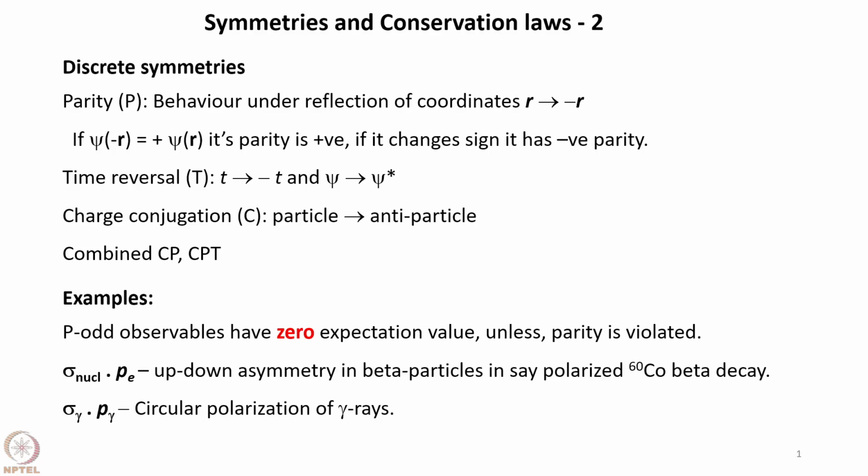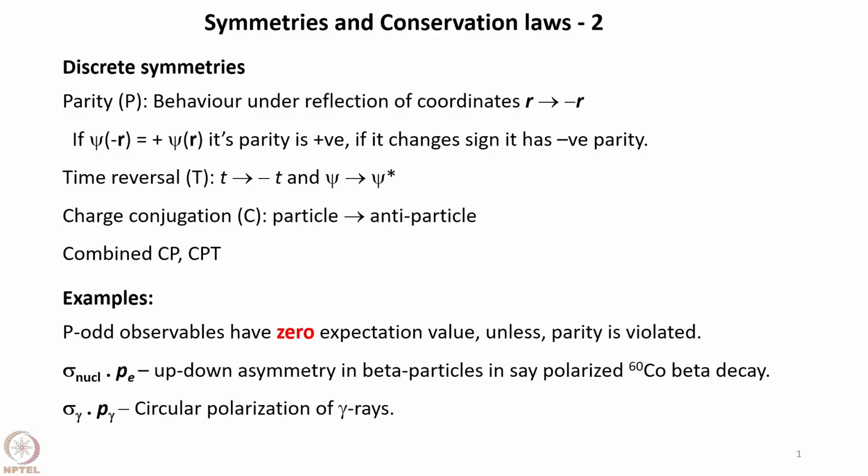If it is violated, so in case you measure circular polarization in gamma rays which result from the de-excitation following beta particle emission, then you will say that parity is not conserved in this process, and indeed such experiments have been done. We will talk about parity violation in beta decay and in weak decays of pions and muons.